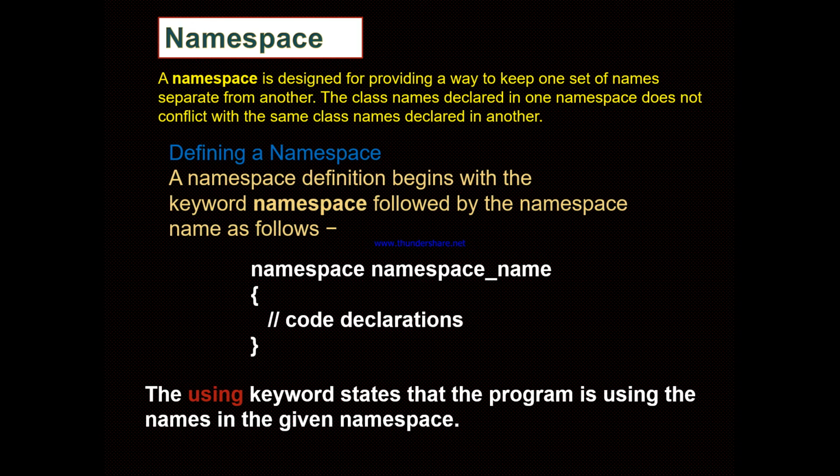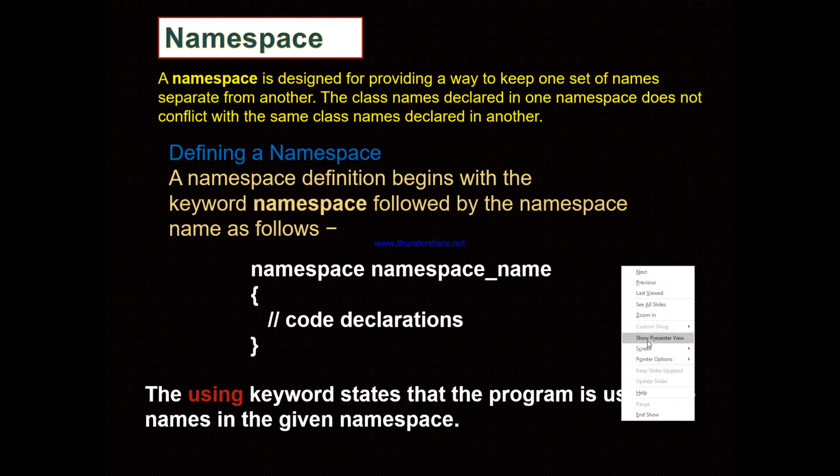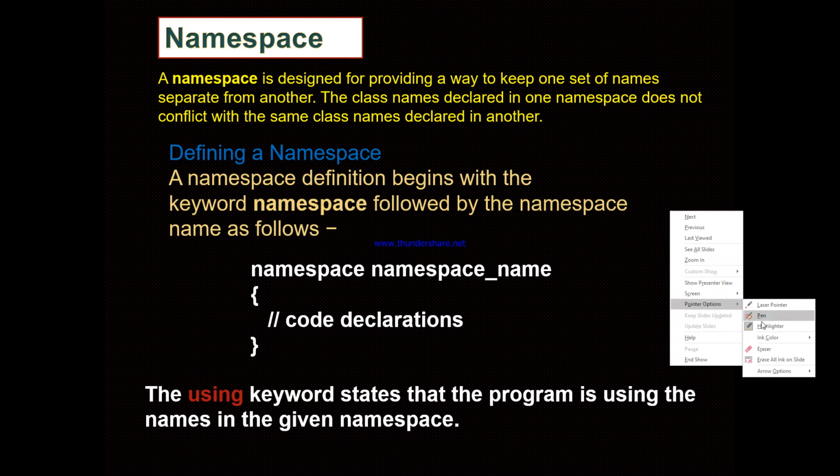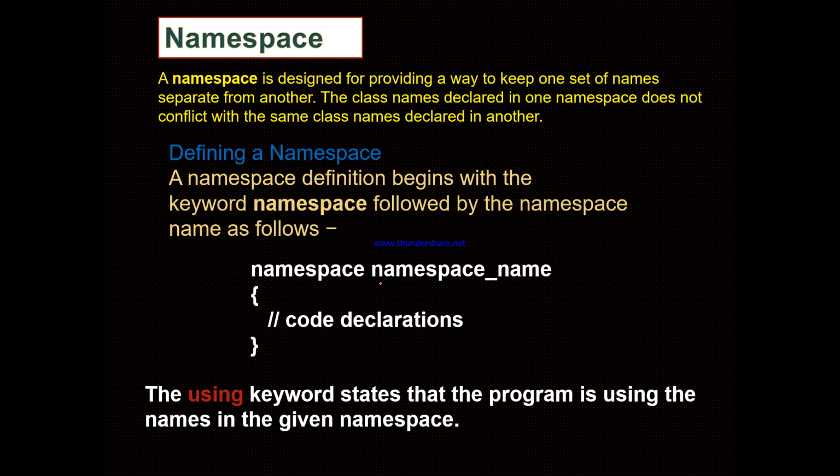A namespace is defined beginning with the keyword namespace, followed by the name we give to the namespace. Look at the syntax carefully. This namespace is a keyword, then comes the name of the namespace, and you may put your own name also. Then, between the opening and closing curly brackets, you put your code.